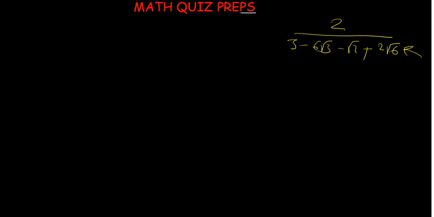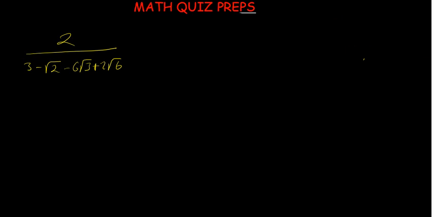Now from this stage, the question was to simplify, isn't it? Yes. We have 3 minus root 2 minus 6 root 3 plus 2 root 6. Now the problem is simplifying a complex surd, one which has more than 2 terms in the denominator.